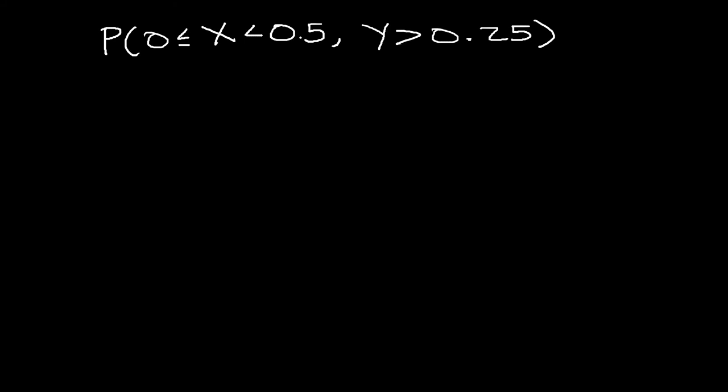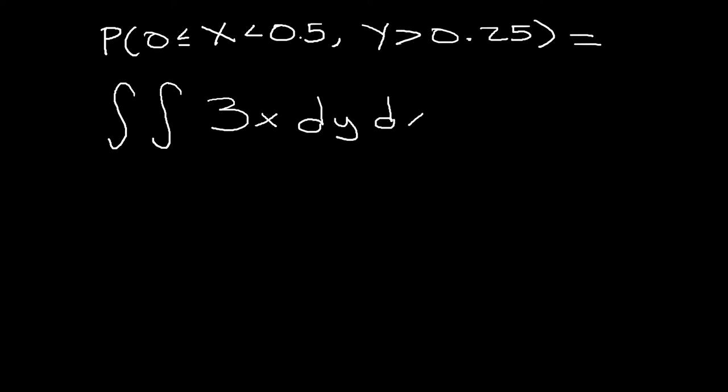So how are we going to do that? Well, remember that this, let me switch to my pen, that this is the integral, 2 integrals, because we have 2 variables, 3x. Now we can integrate first with respect to y and then to x.